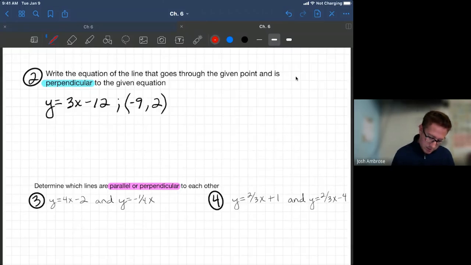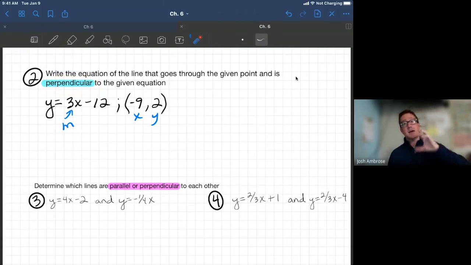Okay, so now what we're looking at is here's our x, here's our y, here is our m, but perpendicular, meaning it is the opposite reciprocal.